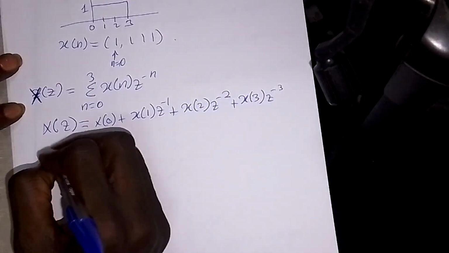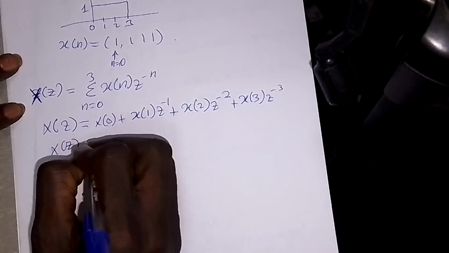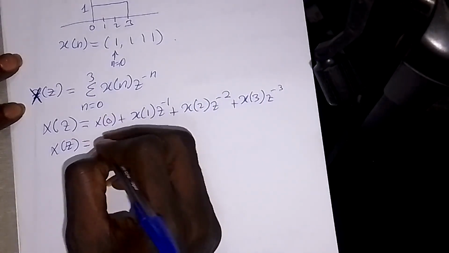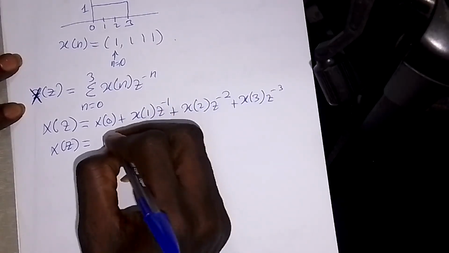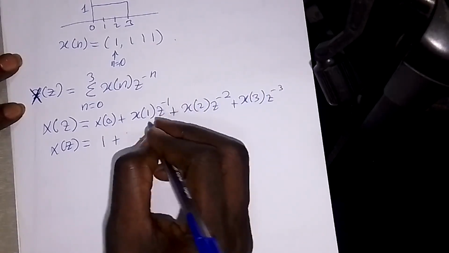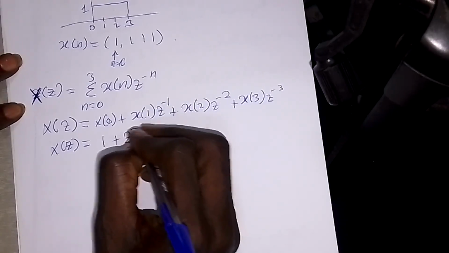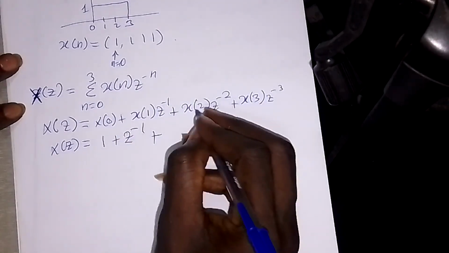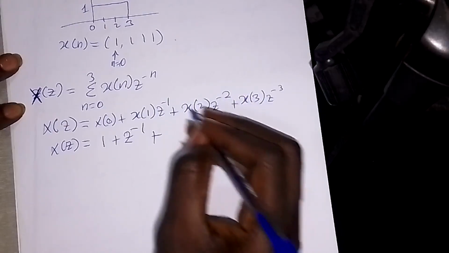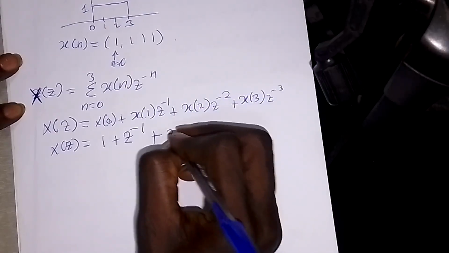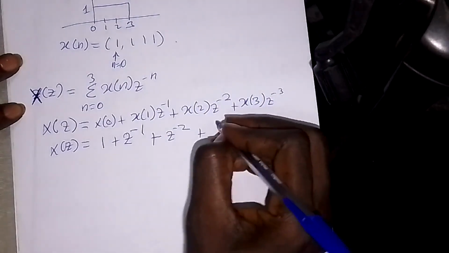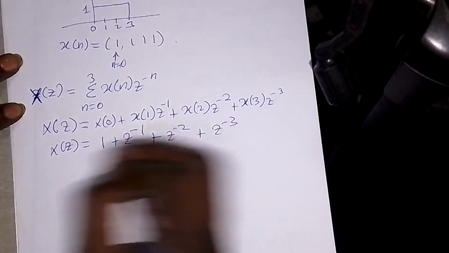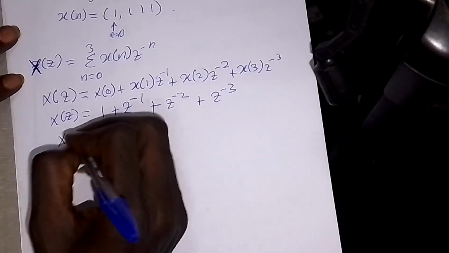So now my x of z is going to be equal to x of 0 is 1, plus x of 1 is also 1, into z exponent minus 1, plus x of 2 is 1 into z exponent minus 2, plus x of 3 is 1 into z exponent minus 3.